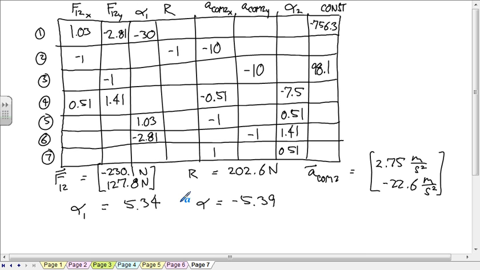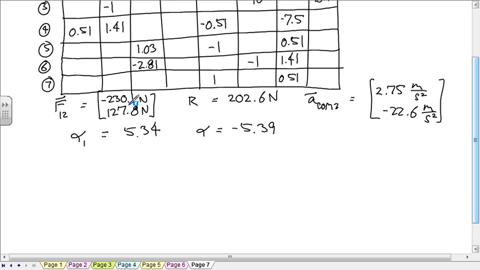All right, so none of those were the question. The question was, what's the acceleration vector at the point C? So how do we figure that out now?